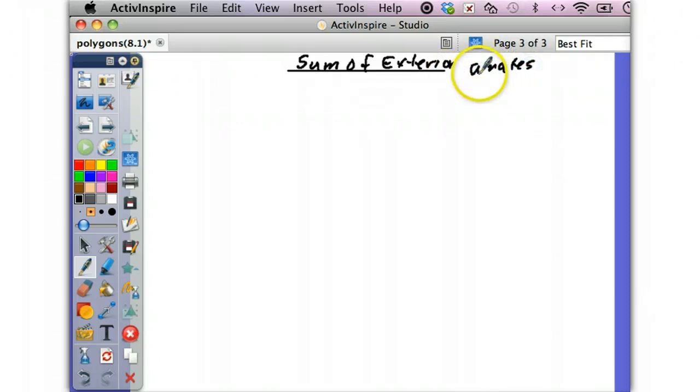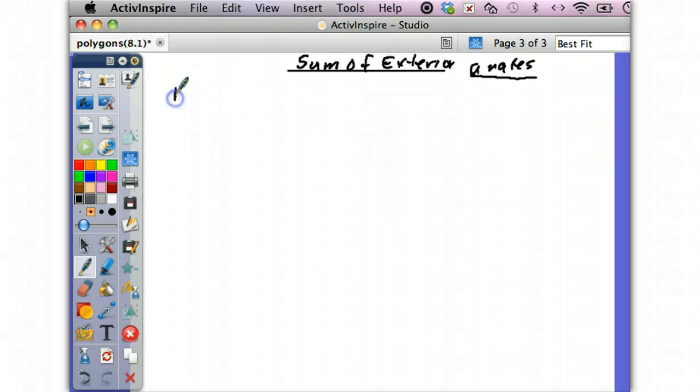I'm just going to go ahead and give it to you right now. The sum of the exterior angles of any regular polygon is 360 degrees. You say, is that always true? Yes. Kind of like twirling around in a circle. If you go all the way around, it's going to be 360 degrees.